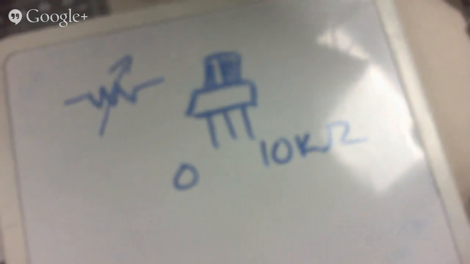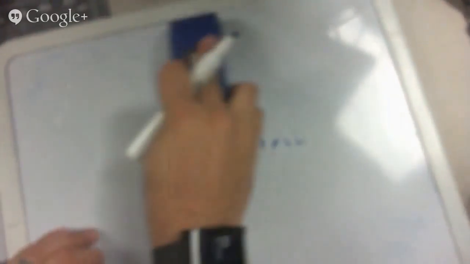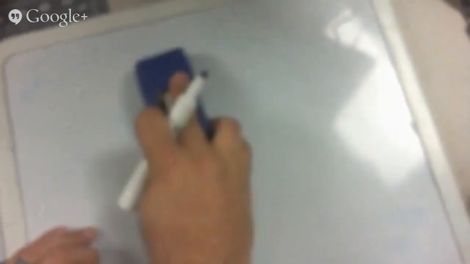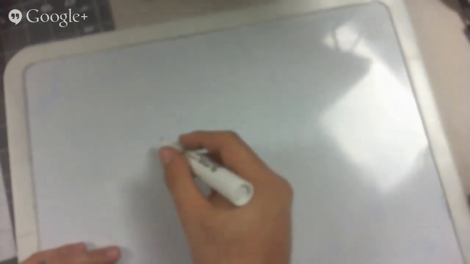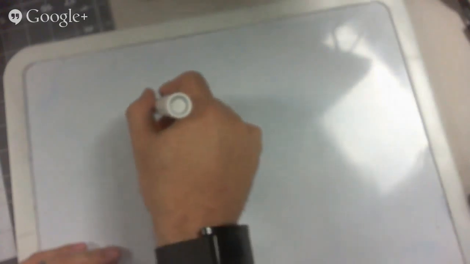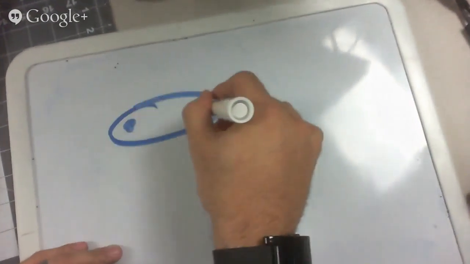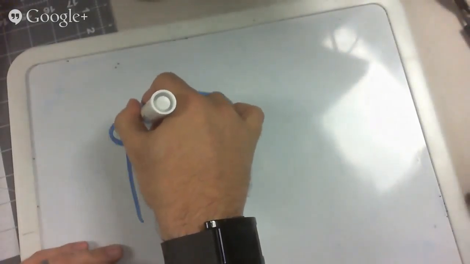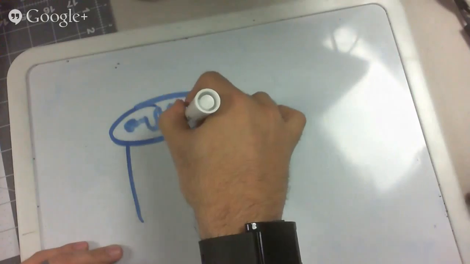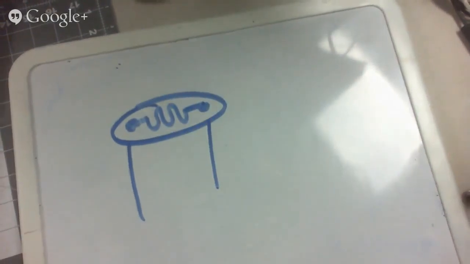The thing that everyone likes to use is little photoresistors. They kind of look like this. I'll have the little pin here, the long pin at the bottom. They're cadmium sulfide.